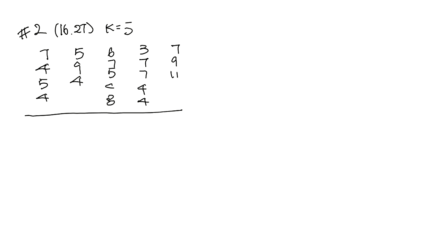Again, we need the Xi bars. So let me take the summation. 7, 4, 5, and 4: 20 divided by 4 will be 5. That is X1 bar, but generally let me use the index i. The next one is 5, 9, 4: 18 divided by 3 will be 6.